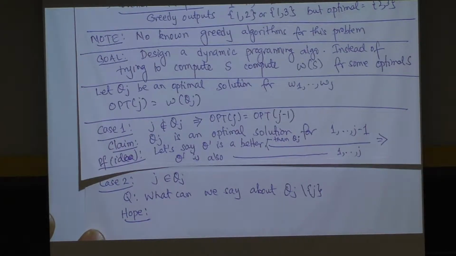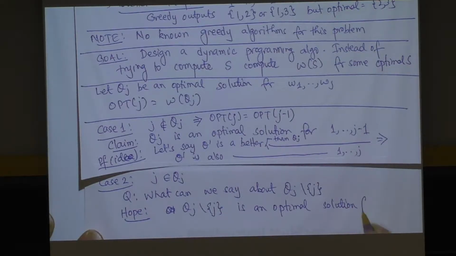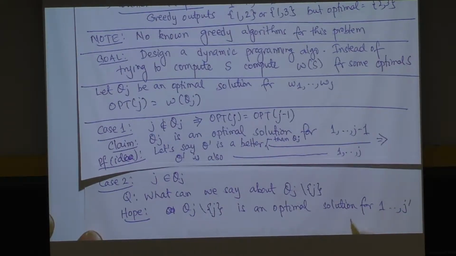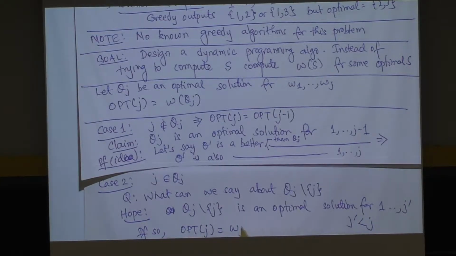And the hope is you want to say that this is also an optimal solution for a smaller instance, let's say j prime, where j prime is strictly smaller than j. If so, we can get something like opt of j is the weight of the jth guy, because you're picking that, plus the opt of j prime, because it's optimal for the smaller instance. Okay? So this is what we hope for.